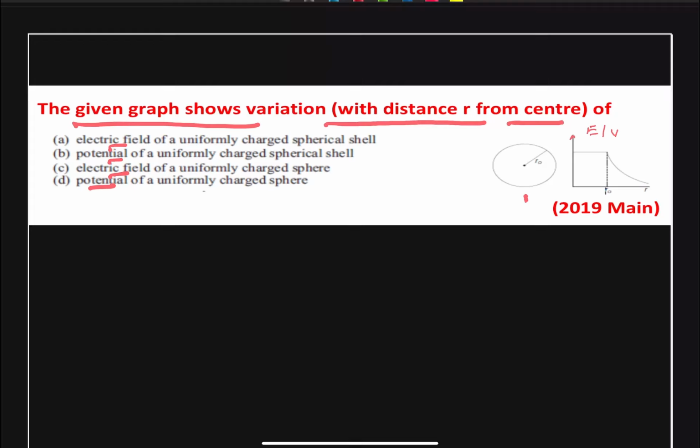And this is our spherical shell, and it is graph for two things. One is our spherical shell and the one is for the charged sphere.